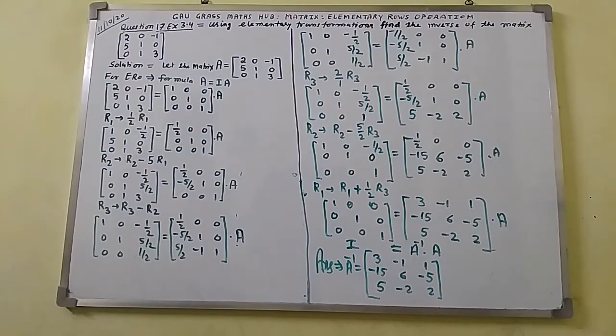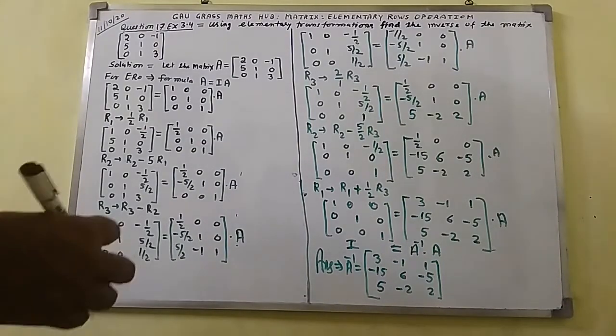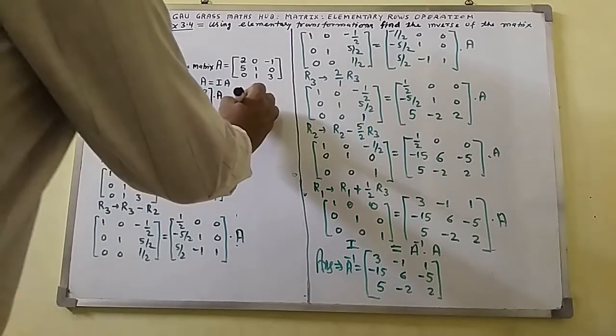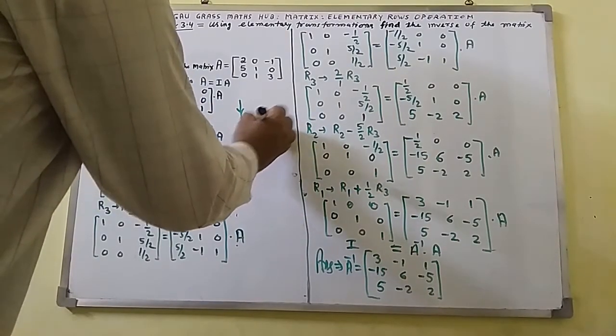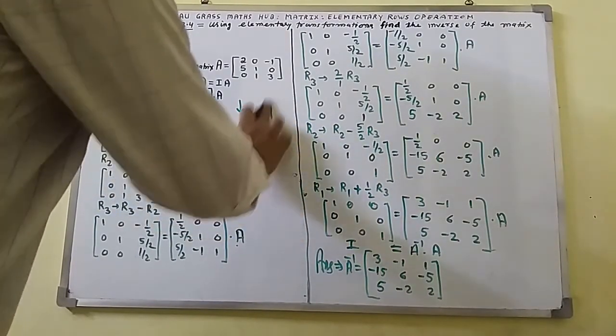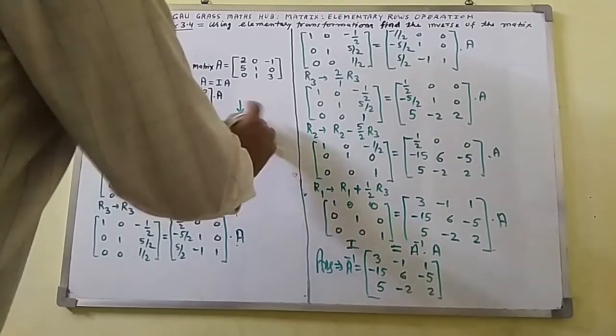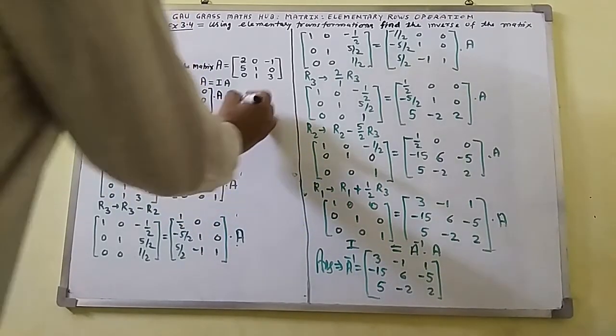One more thing is there. In elementary row operations, all operations will be carried out in the anti-clockwise direction. The direction will be like this. This is the initial point.